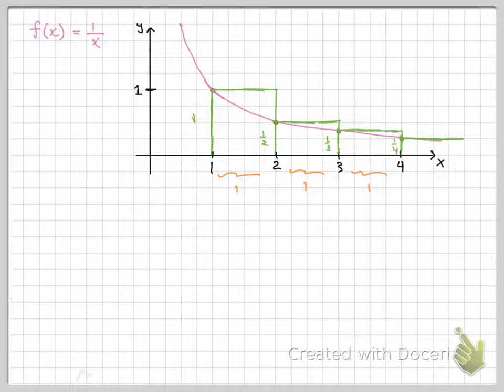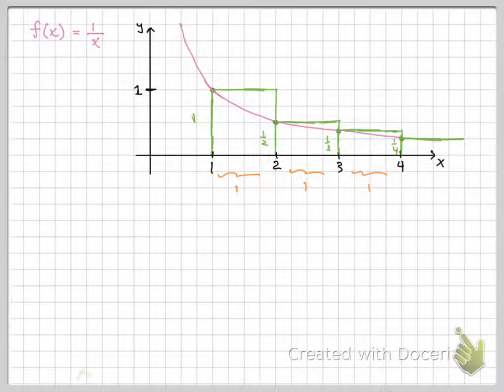The widths are all 1, so the areas of those boxes are really just the heights, right? 1/2 times 1, 1/3 times 1, is the length times the width, or the width times the height, however you want to look at it. If I add all those areas up, that's the same as the value I get from the harmonic series.